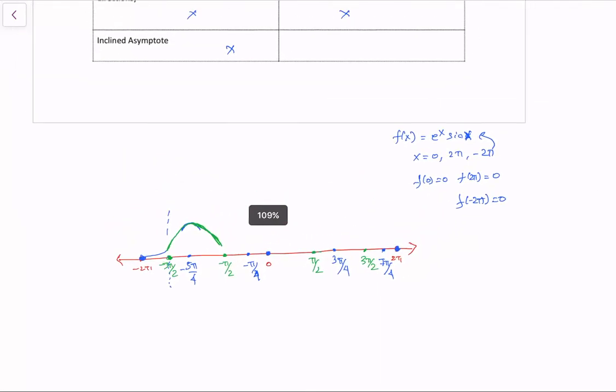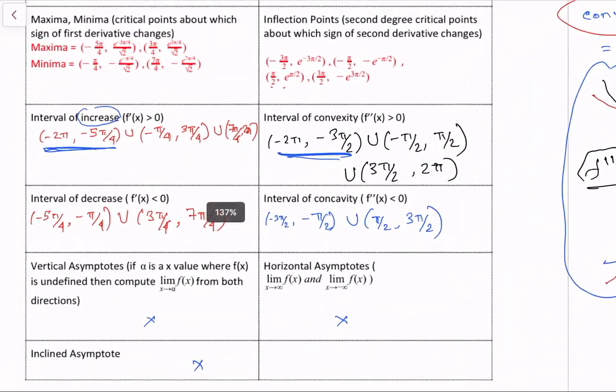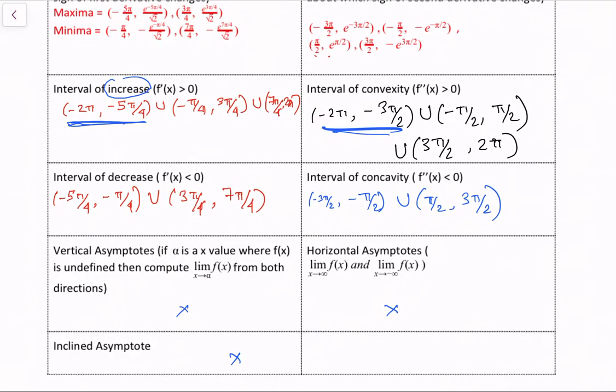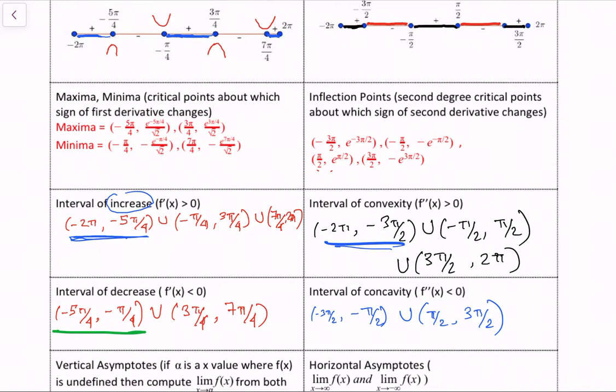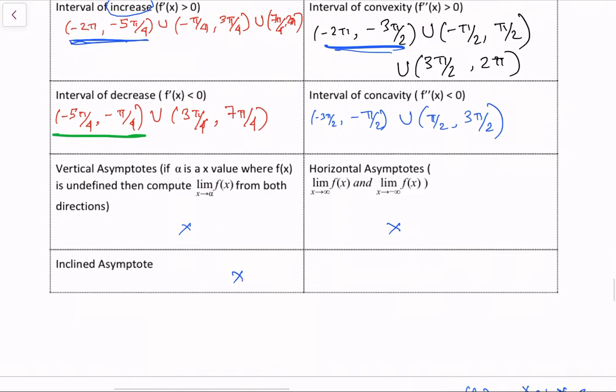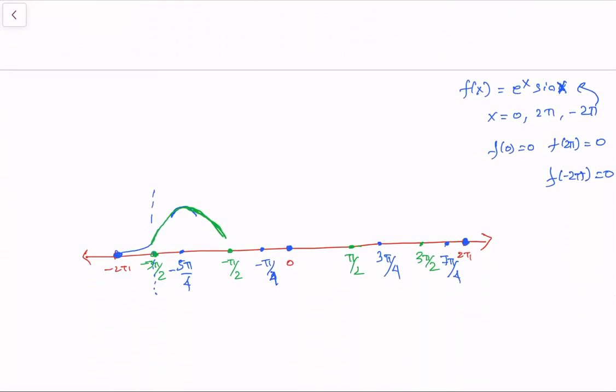Now let's see what's happening after negative 5 pi by 4. From negative 5 pi by 4 to negative pi by 4, again the function is decreasing. And note that at negative pi by 4, the value of the function is negative. It's a minima and it's negative, so it's below the x-axis. So somewhere in between it cuts through the x-axis, which we need not find.